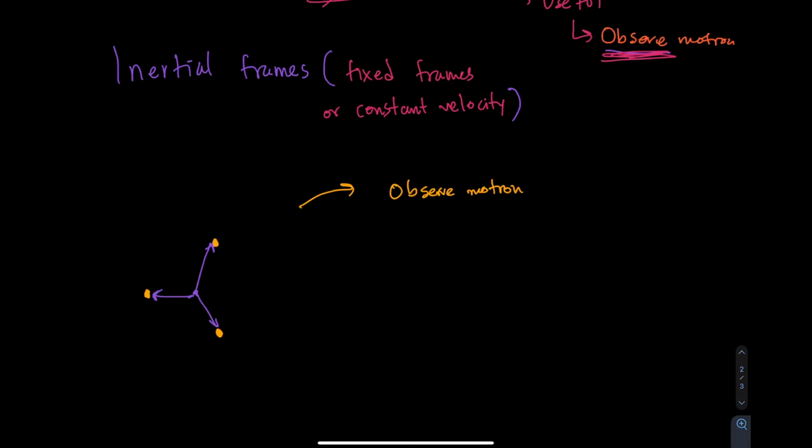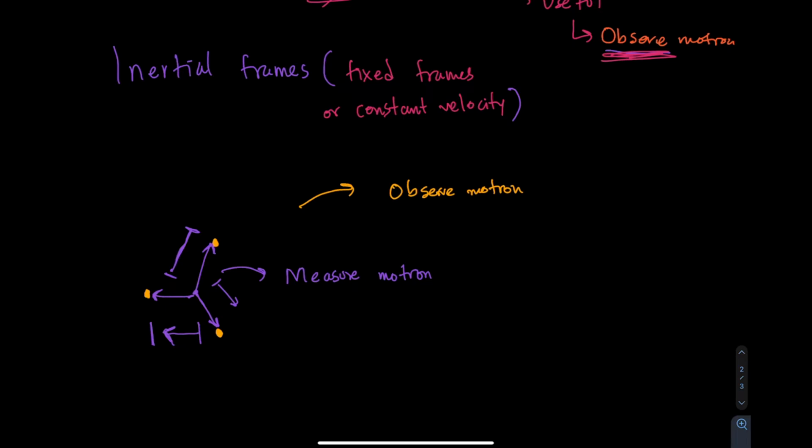And with these vectors now, I can actually measure motion. I can do that because, if you ever deal with coordinate systems, you have something to measure along this direction, something to measure along this direction, and something to measure along that direction.